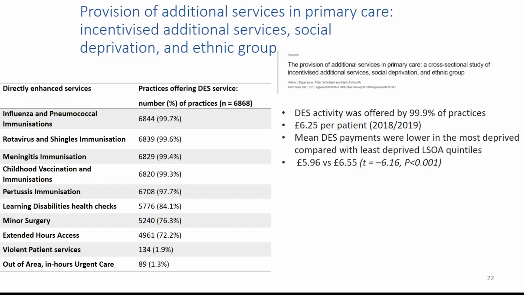What we do know is that the mean DES payment was lower in the most deprived areas compared to the least deprived areas. So that was about £5.96 compared to £6.55. You may be thinking, these are quite small numbers, but when we're thinking about £140, £150 per patient, it actually is quite a significant amount.